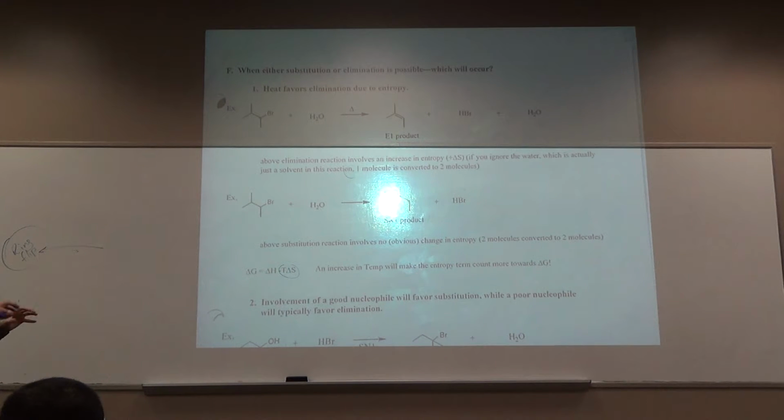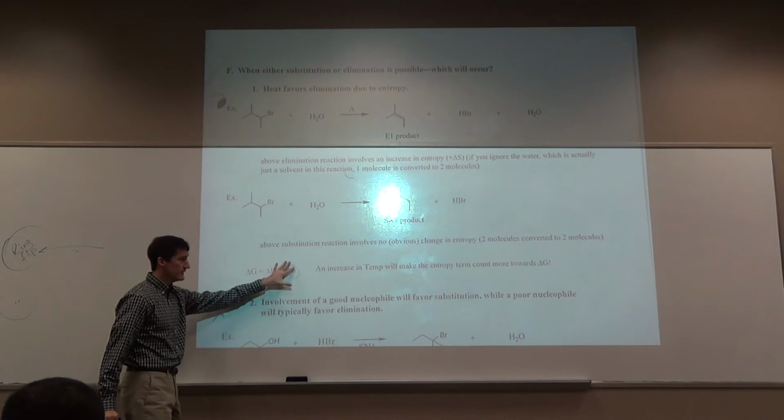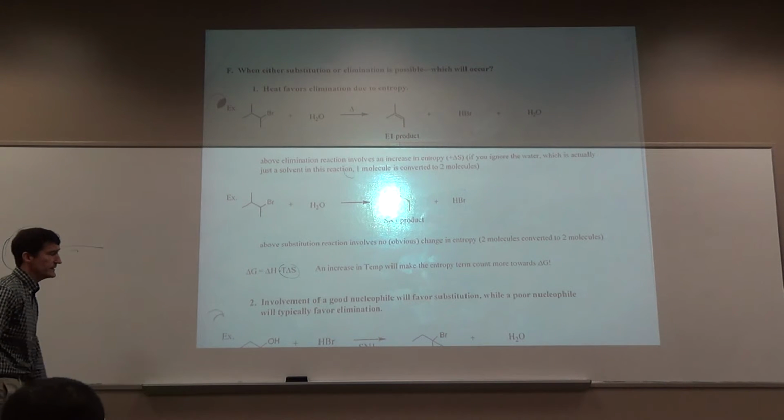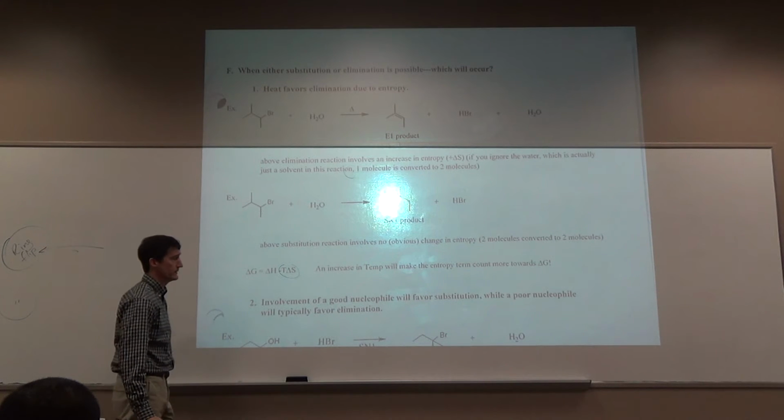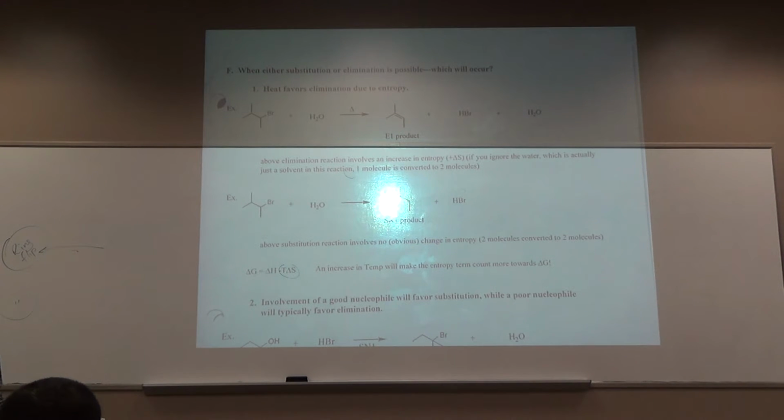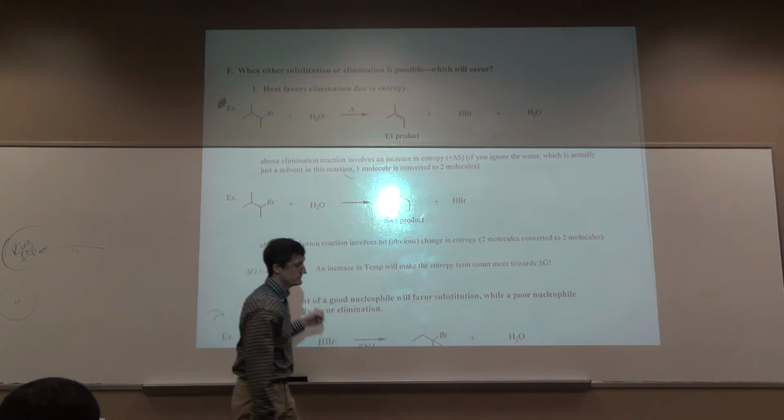Now that's drilling it down to numbers, but really the numbers ultimately tell you the answer here. We may not be drilling into why exactly, other than it influencing the entropy term. Heat favors elimination because of that right there.